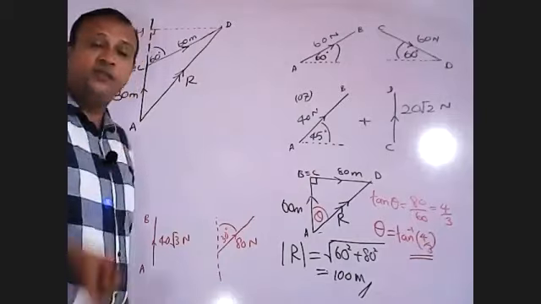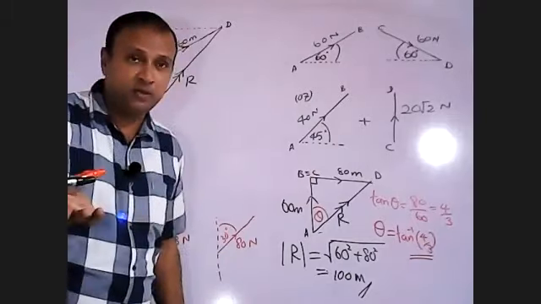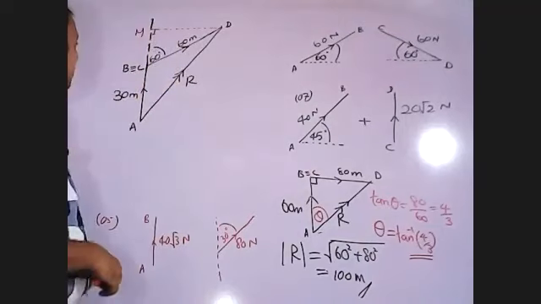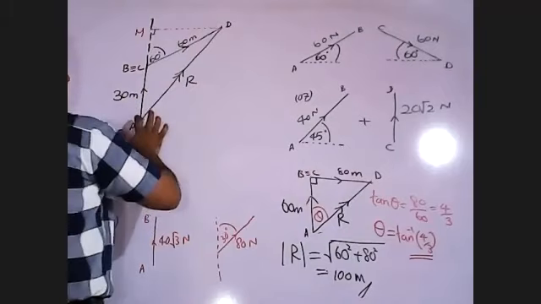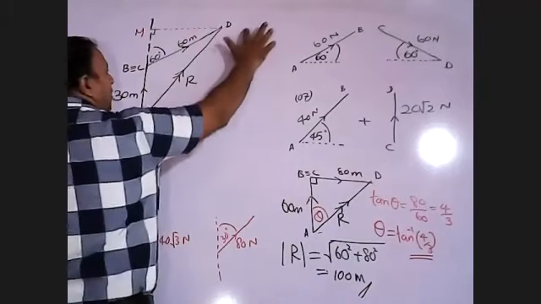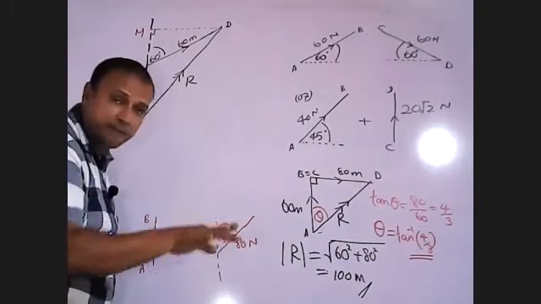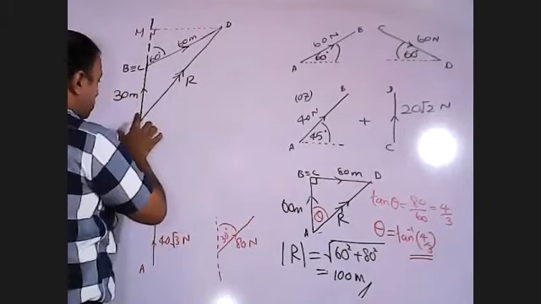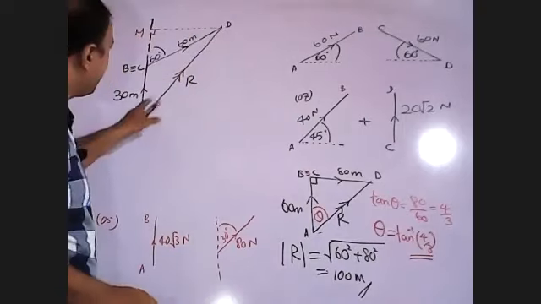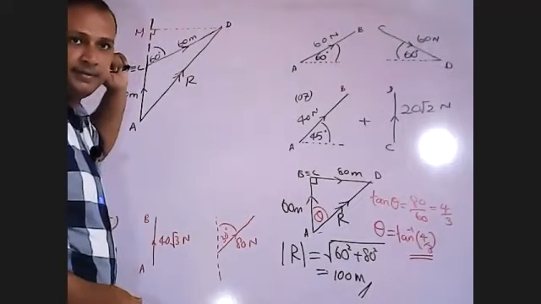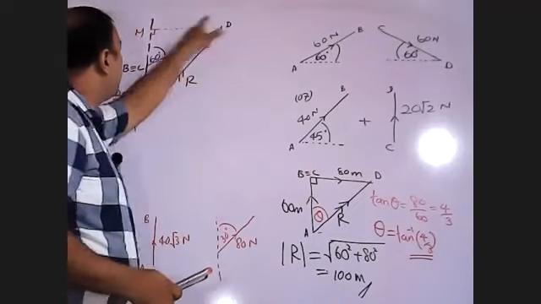But you should know the lengths of the other two sides. You should apply Pythagoras theorem to the ADM triangle, but you don't know the length of MD.